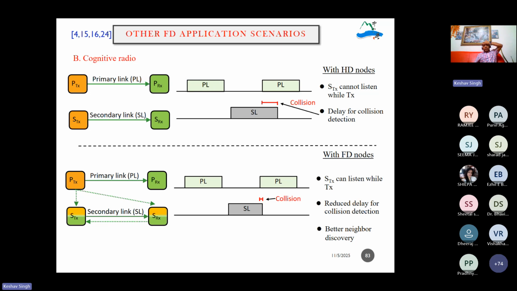Here again, we can also apply a machine learning technique. For example, we have two kinds of networks, primary network and secondary network, so we can apply federated learning, multi-agent federated learning.